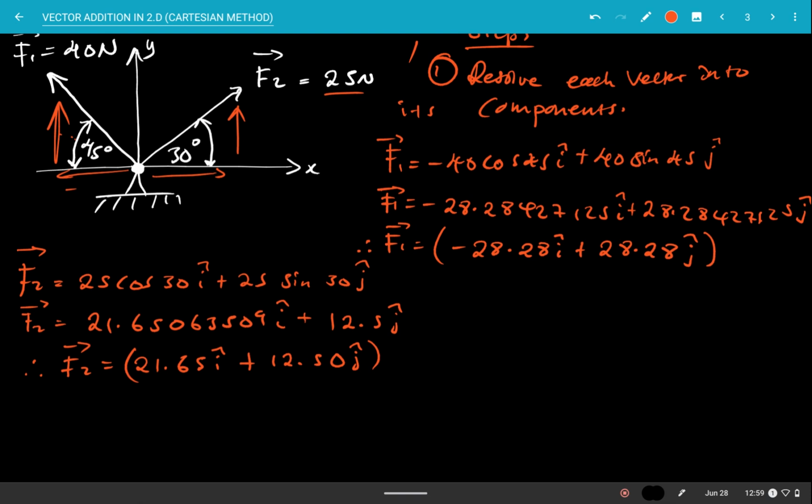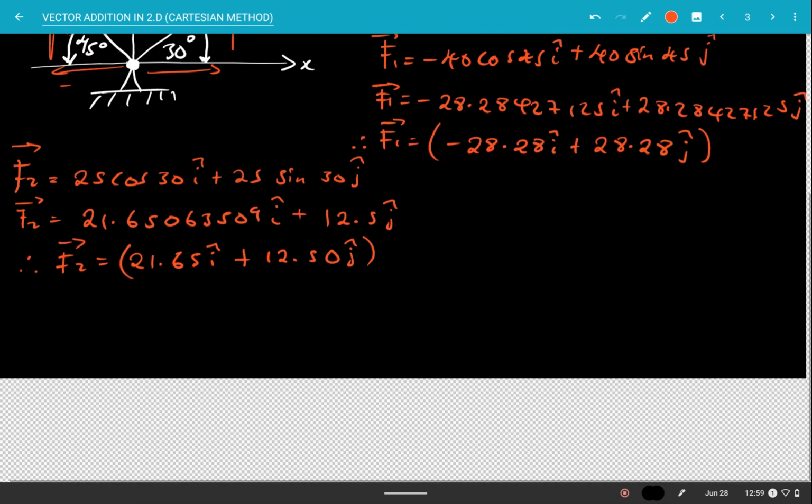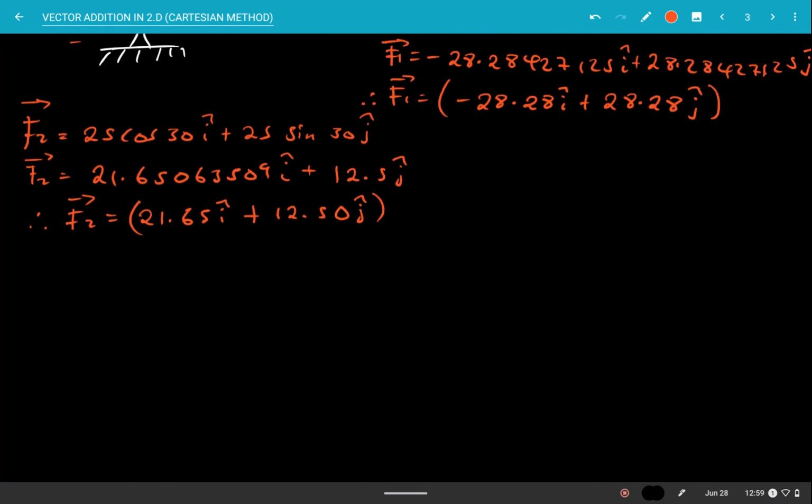At this point, we have resolved all the vectors we're having in that system. So now, since we're using the scalar approach, let me just give you a quick review.